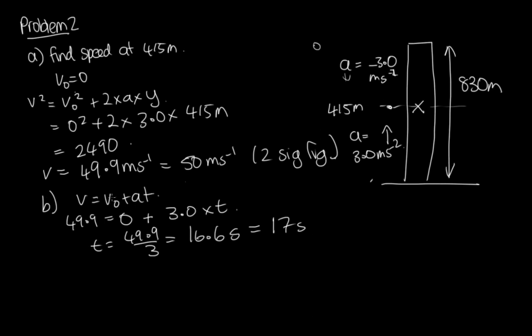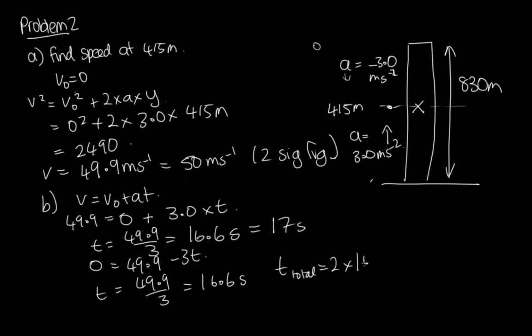So to work out the time, we can use v, the final velocity is 0, is equal to 49.9 minus 3t, and this turns out to be the same as this. t is equal to 49.9 on 3, and so this is equal to 16.6 seconds, and so the total time is just equal to 2 times 16.6 seconds, which is equal to 33 seconds to two significant figures. So you can see that that's symmetrical. The time to get to halfway up was the same as the time to get from halfway up to the top of the building.